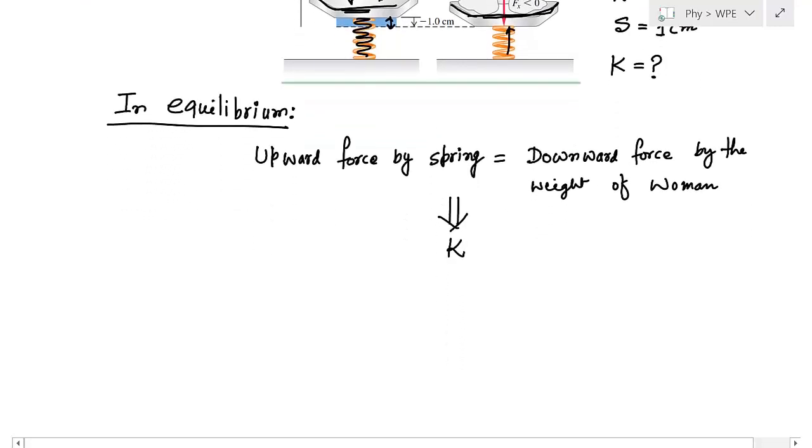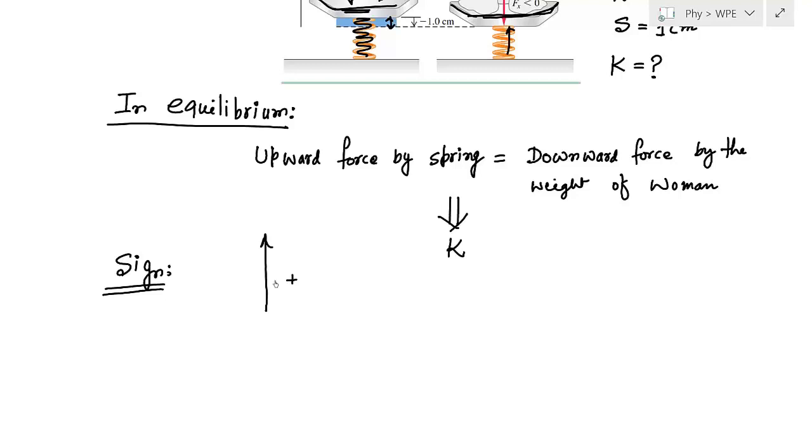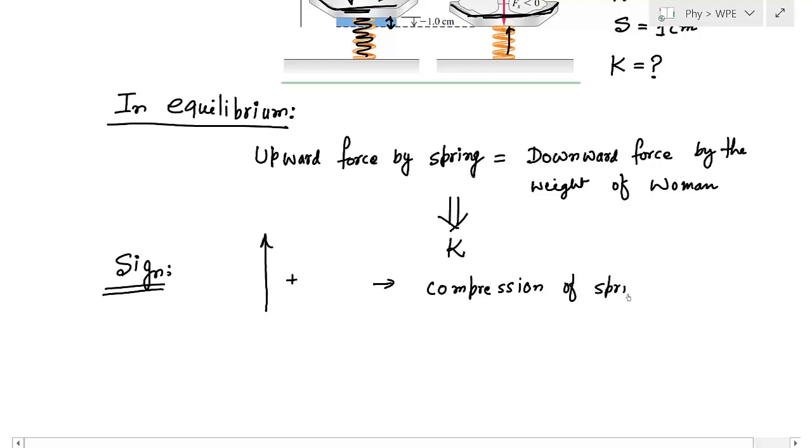So to solve this problem, we have to use a sign convention. My sign convention in this case is anything in the upward direction is positive. This means elongation of a spring is positive, but the compression of a spring is negative. Similarly, the displacement of Bowman in the downward direction is negative. So using this sign convention, the compression of a spring is a negative quantity.